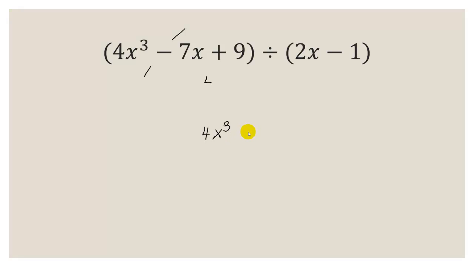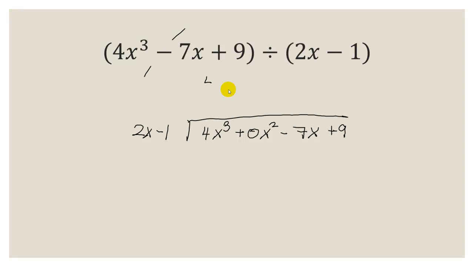We can't just leave off the x squared term. We have to put a 0 in front of it. So put 0x squared for the x squared term, because we need to put the placeholder there. Then minus 7x plus 9. All of that is divided by the 2x minus 1.